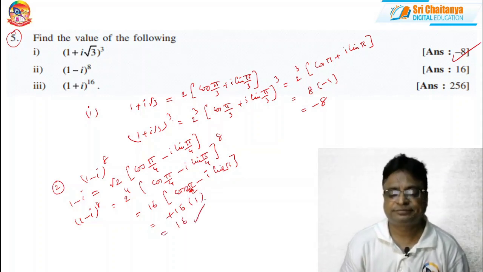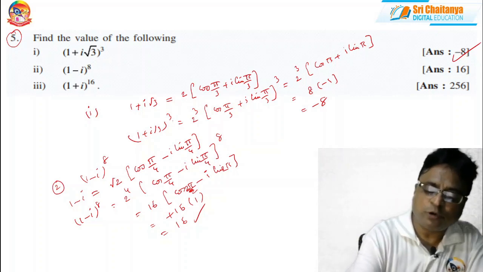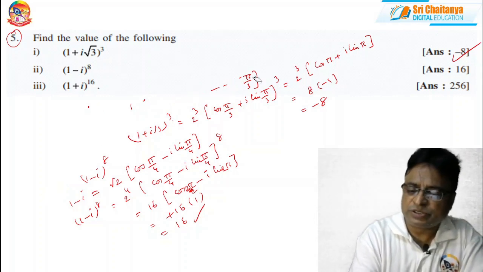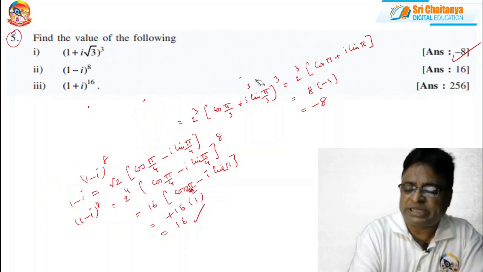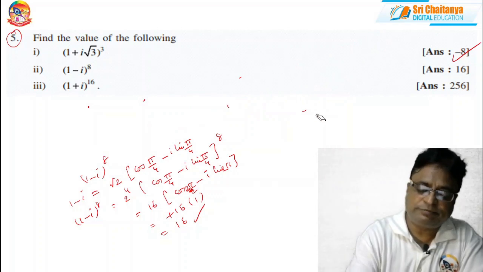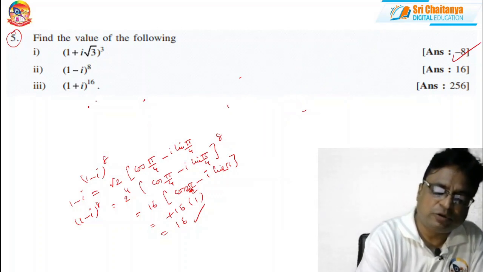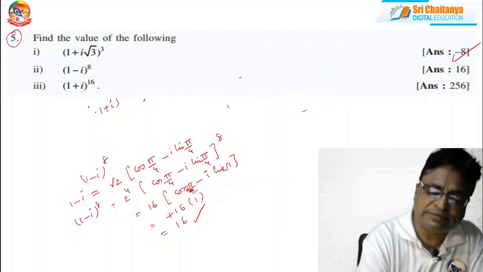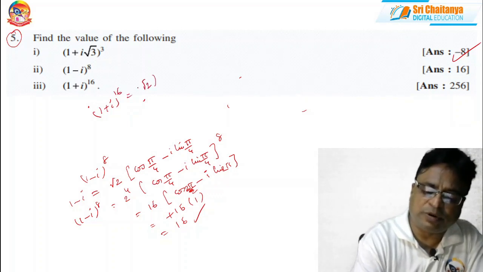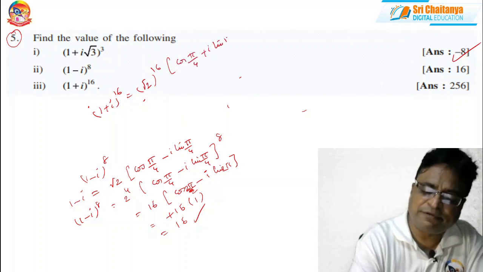Perfectly right. On the same line, how to get a third problem? (1 plus i) whole power 16. So here, 1 plus i I can write in modulus amplitude form as root 2 into. So (1 plus i) whole power 16, this I can write as (root 2) whole power 16 (cos pi by 4 plus i sin pi by 4) whole power 16.